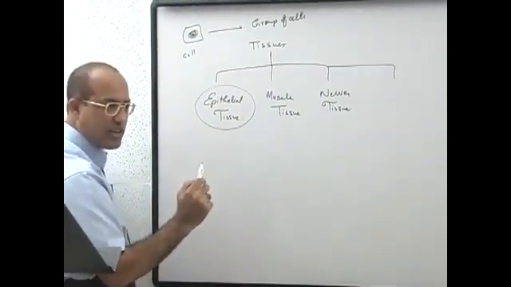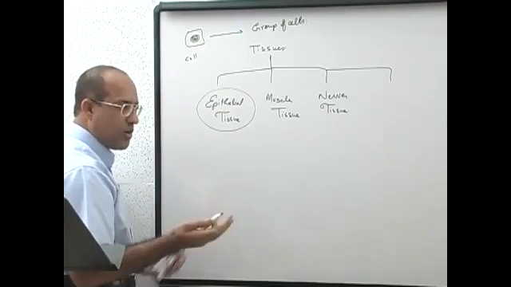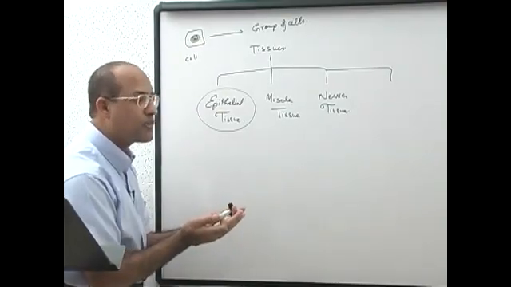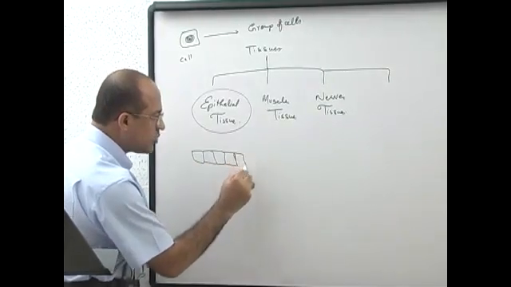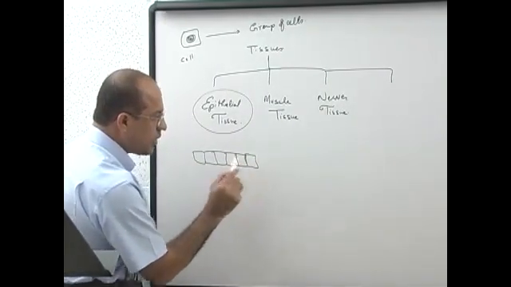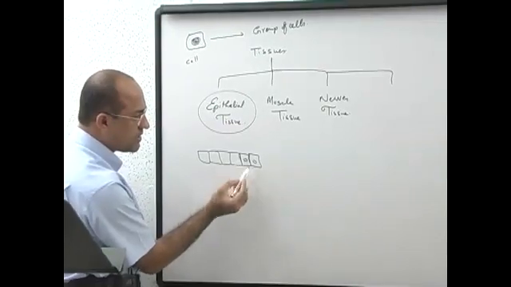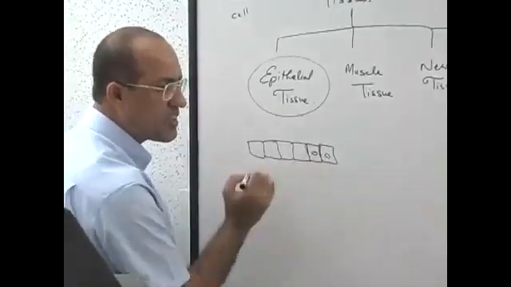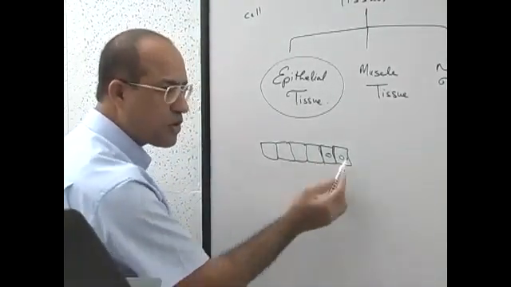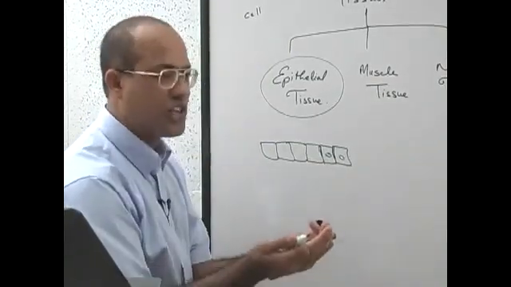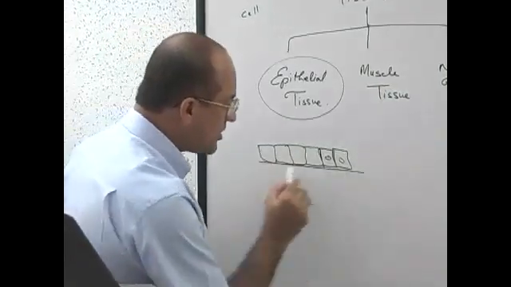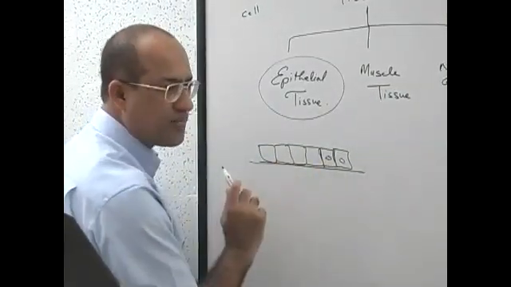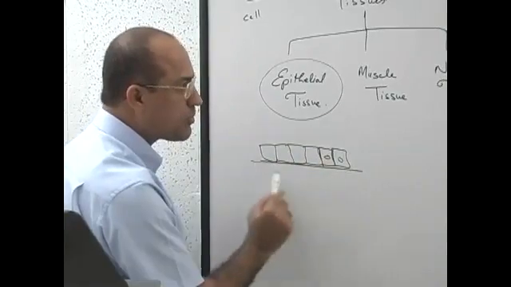You know the features of epithelial tissues: many cells put together in close apposition, and there is very little intercellular material. For example, this one cell, this is another cell. There is very little material in between the cells. If many cells are put together in close apposition, is that right? And with this basal lamina, the other side is free. One side is free.